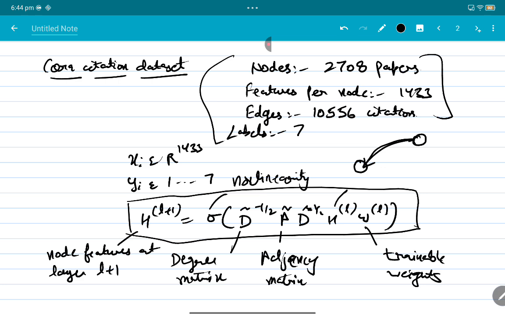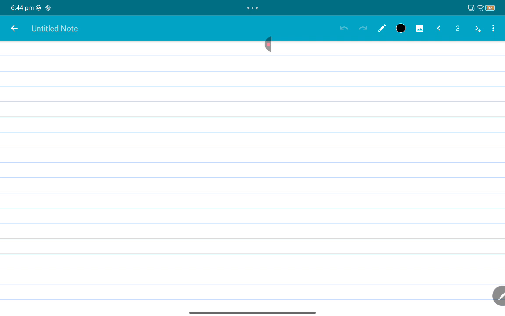So in order to do that, we will pick up a simpler example. Let us say we have three nodes 0, 1, 2, and 1 is connected with 0 and 2.